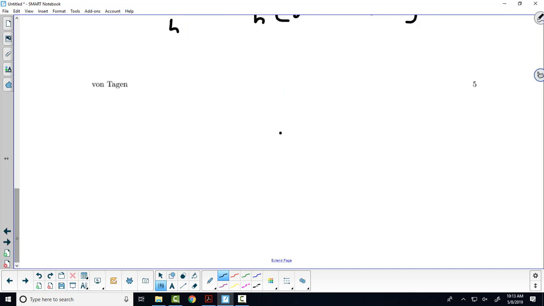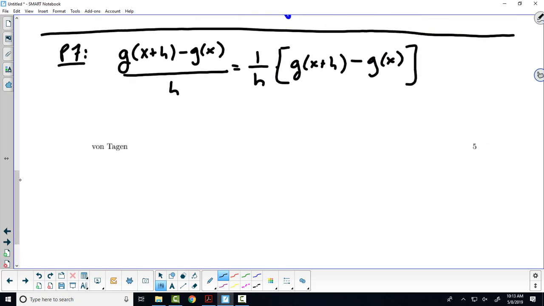Okay, but what was g of x? I hope you know this function. You've been working with them for 2 weeks now. This is the function that goes from a to x plus h of f of t dt. That is g of x plus h. What did I do?